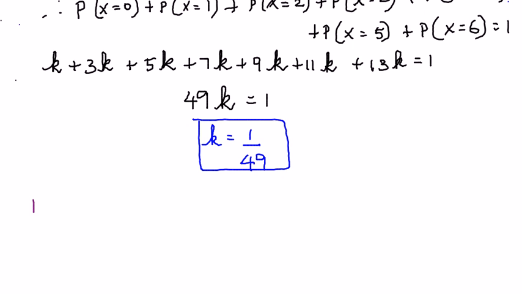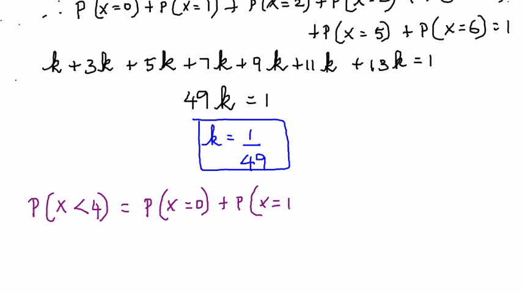So p of x less than 4 is nothing but p of x equal to 0 plus p of x equal to 1 plus p of x equal to 2 plus p of x equal to 3. X equal to 4 will not be there because he's asking you only x lesser than 4, not lesser than or equal to 4. It is only lesser than 4, so you can omit x equal to 4.